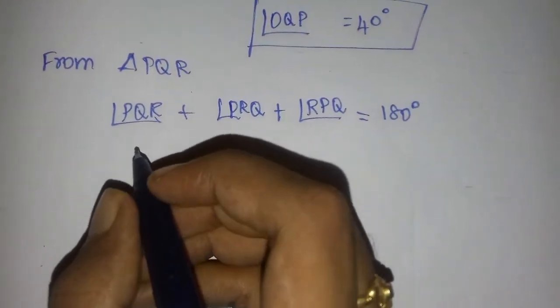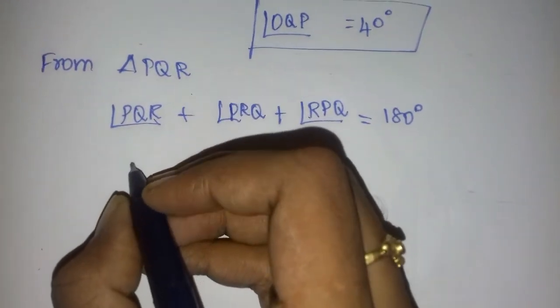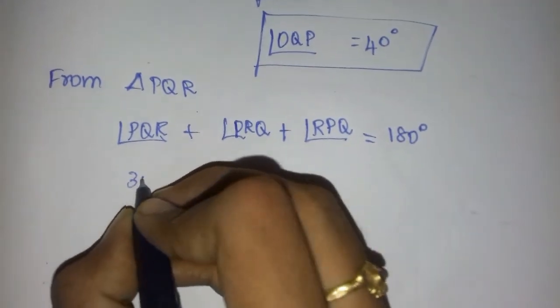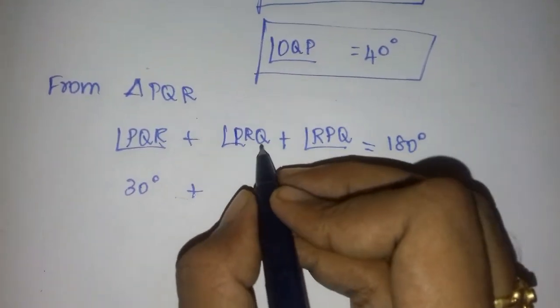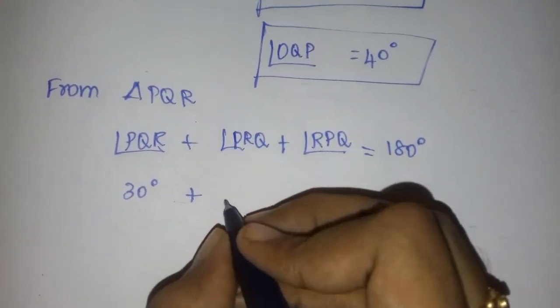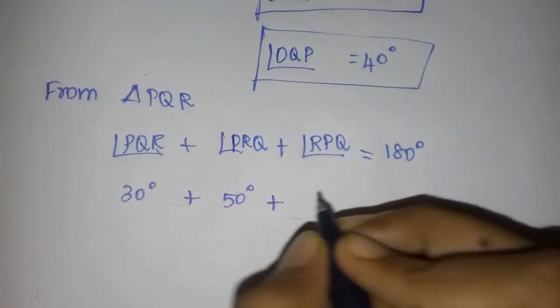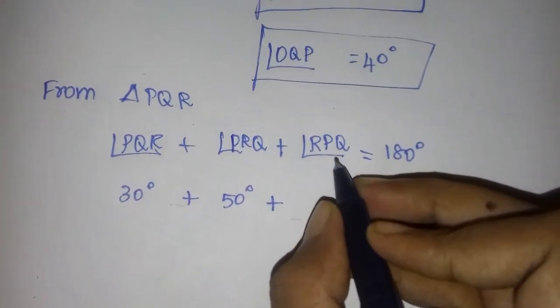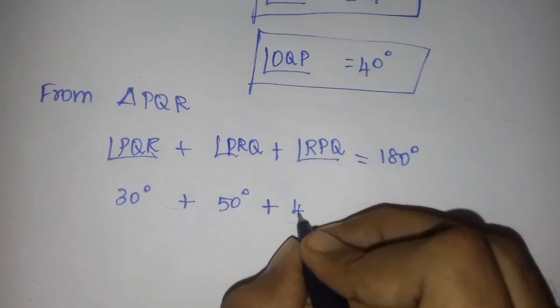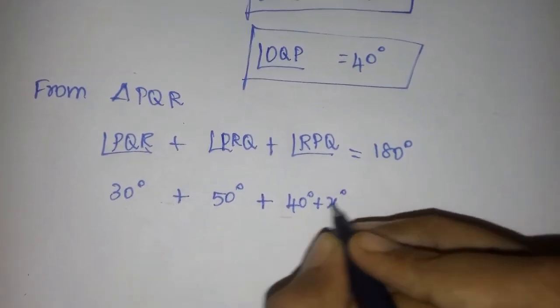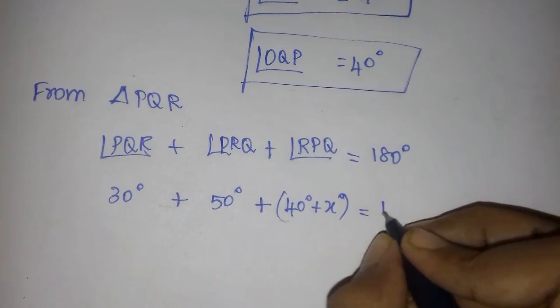Here angle PQR is 30 degree plus angle PRQ is 50 degree plus angle RPQ is 40 degree plus x degree, that is equal to 180 degree.